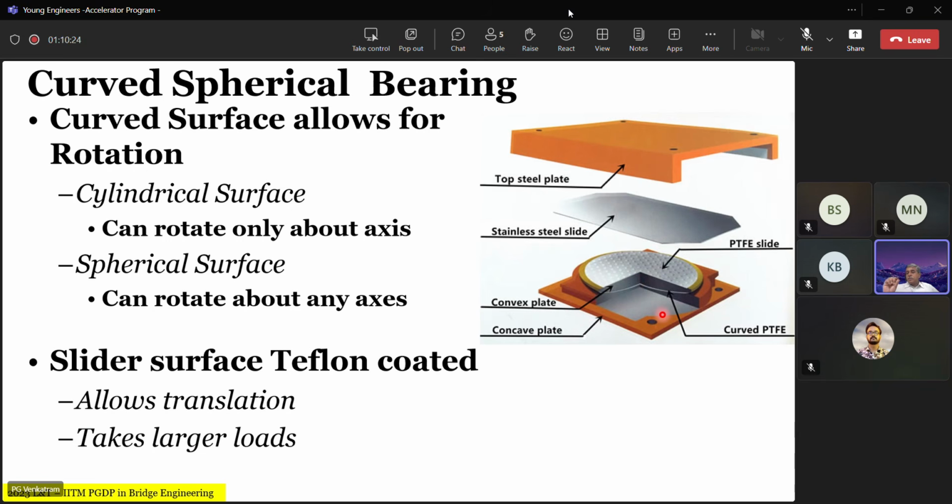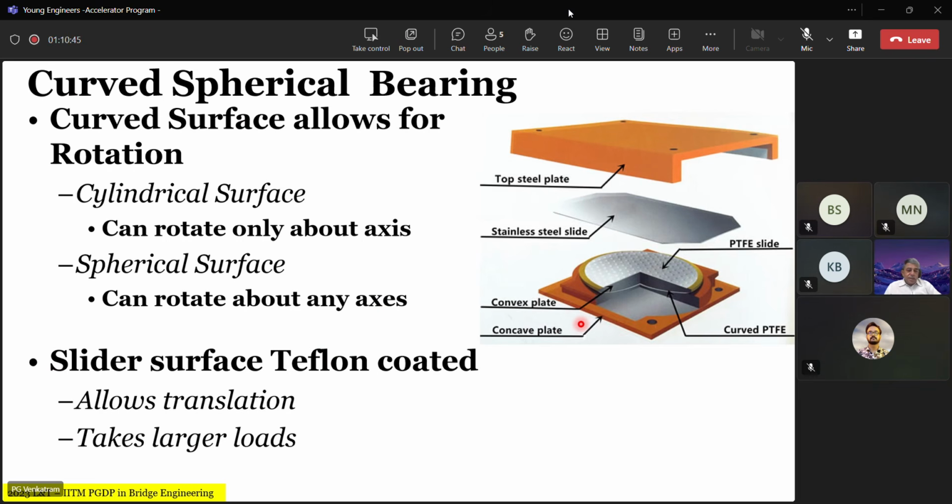So basically the PTFE permissible bearing stress is very high, and because it's also confined within this, it automatically also achieves higher bearing stresses than exposed PTFE, right? So this also is used for very large loads.